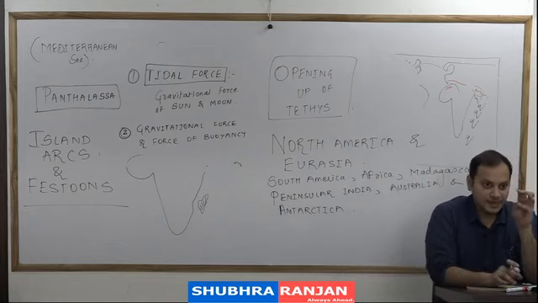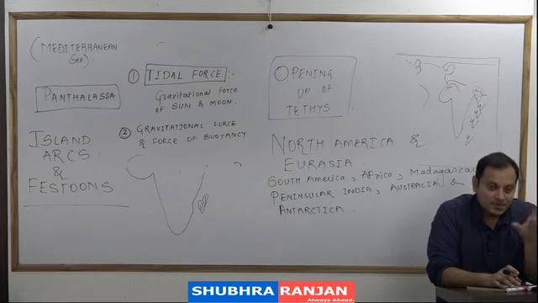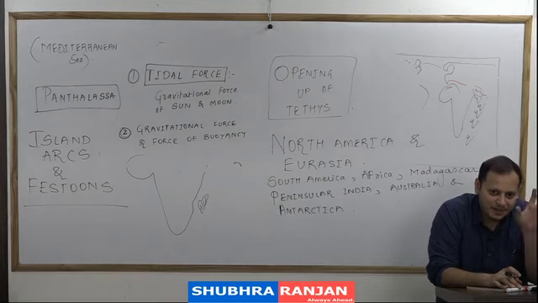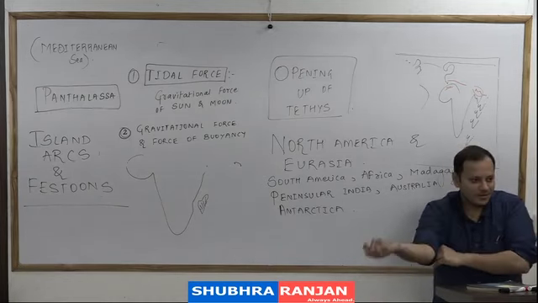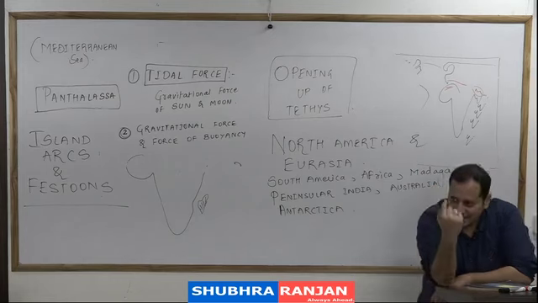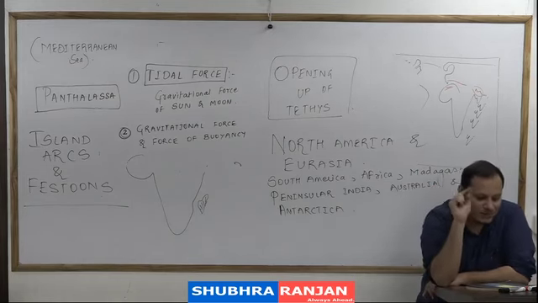Now next point here is the criticisms of Wegener's theory, or the continental drift theory. What is the first criticism? That is, the theory cannot explain the forces responsible for the drift.